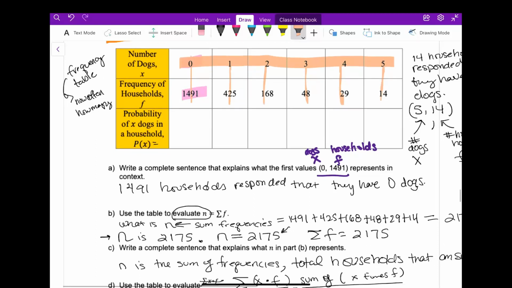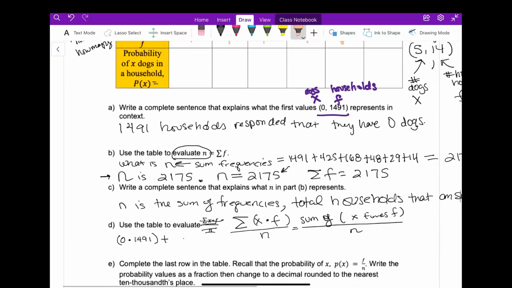Let's look back. Plus 1 times 425 plus 2 times 168 plus 3 times 48 plus 4 times 29 plus 5 times 14.